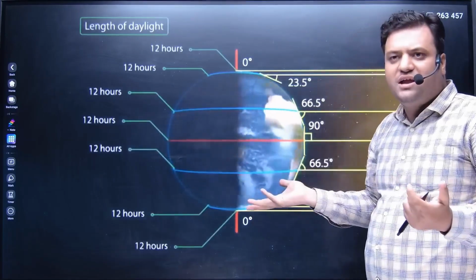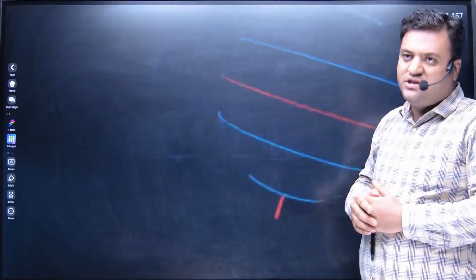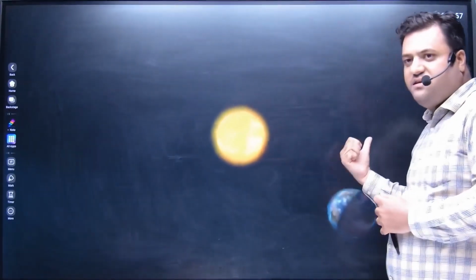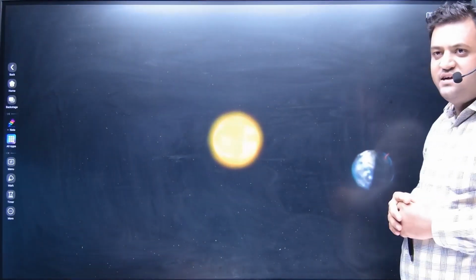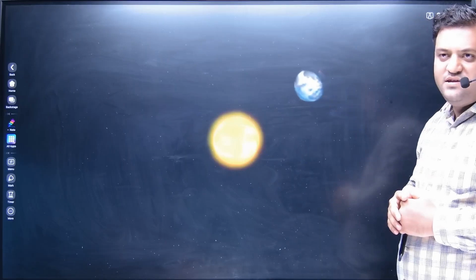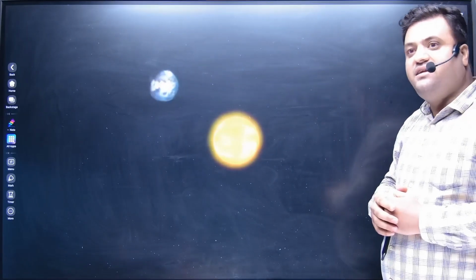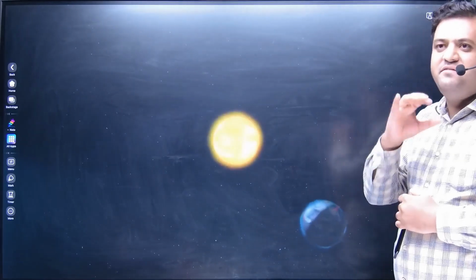That's why we have a 12-hour day and 12-hour night. Unlike the previous position, here you can see the winter solstice context. In the winter solstice context, just focus on the circle of illumination, just focus on where we have a 90-degree angle. Accordingly, there will be a seasonal contrast.